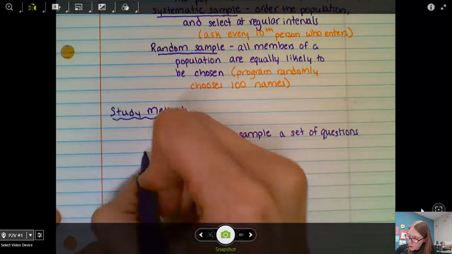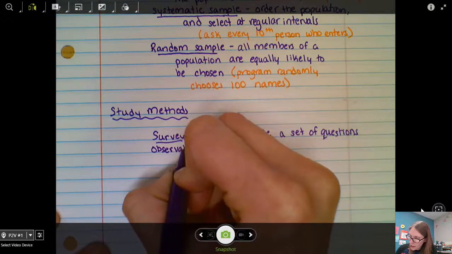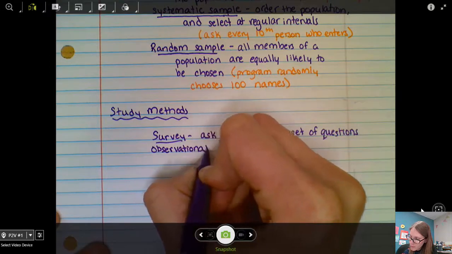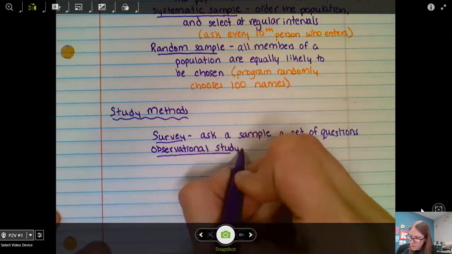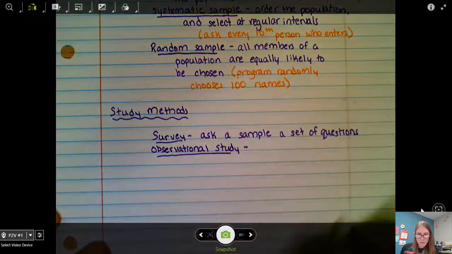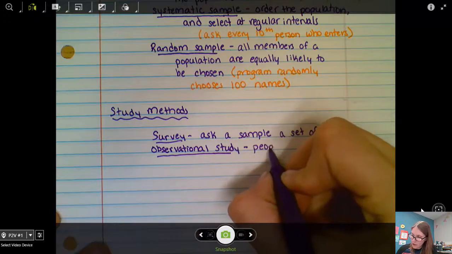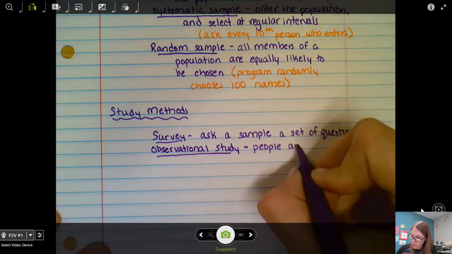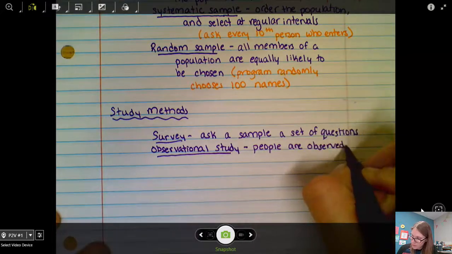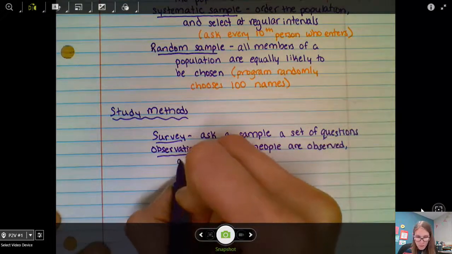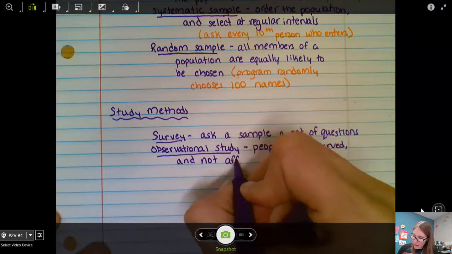We can also get information about a group of people through an observational study. With an observational study, people are observed, and they're really not affected by the study.